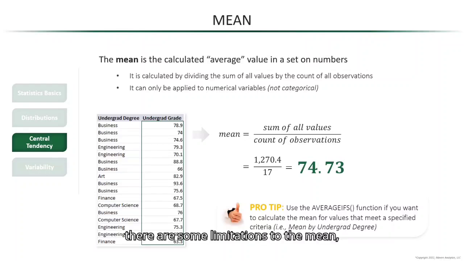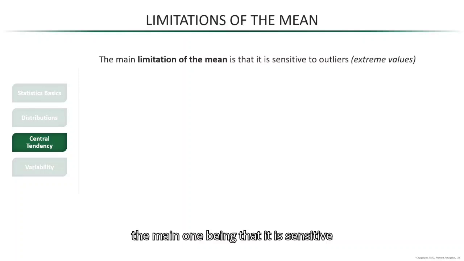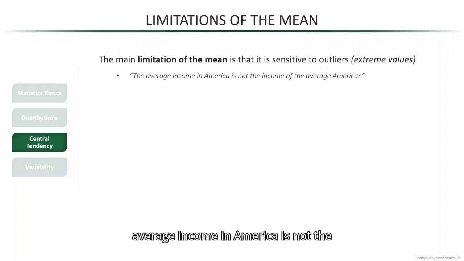But there are some limitations to the mean. The main one being that it is sensitive to outliers or extreme values. And a good way to think of it is that the average income in America is not the income of the average American. Now that is intuitive in itself, but let me illustrate it further with an example that you'll likely see all over the place if you're reading other stats books or taking other courses.